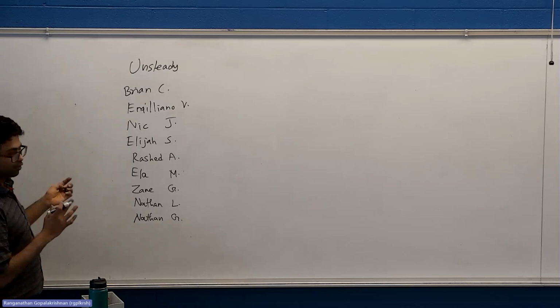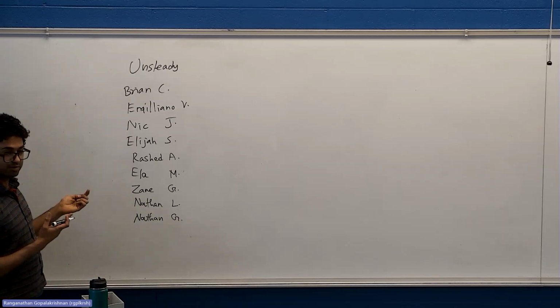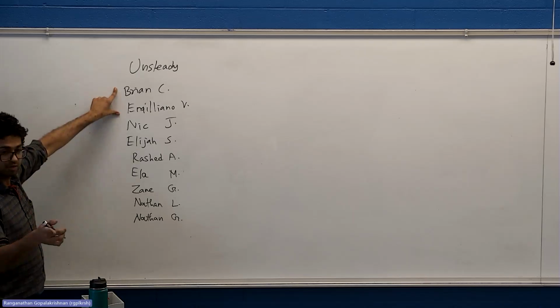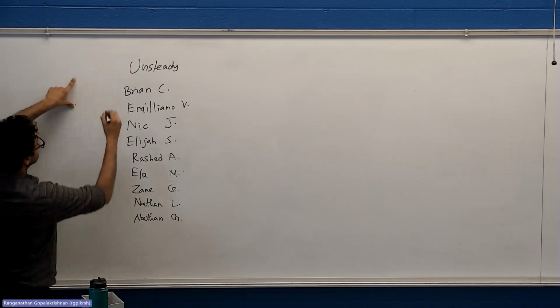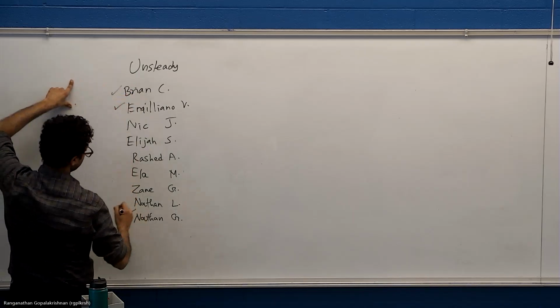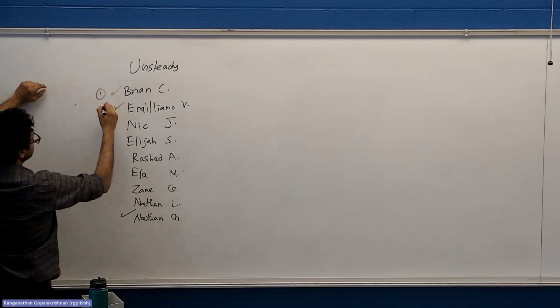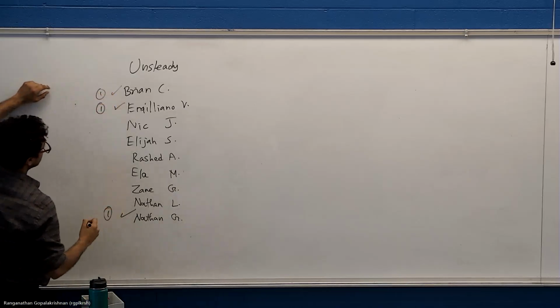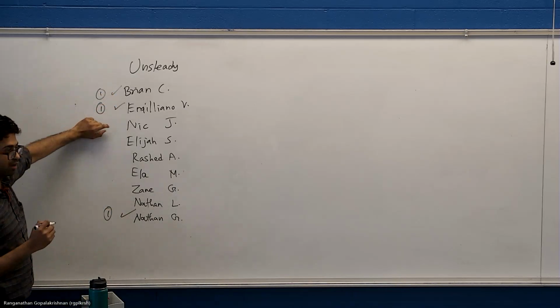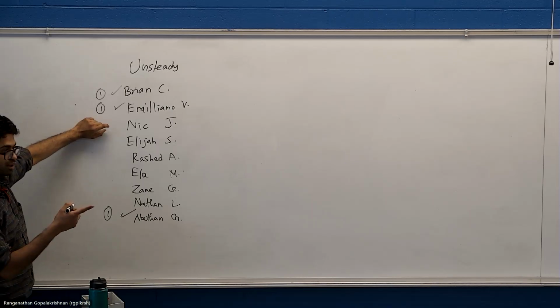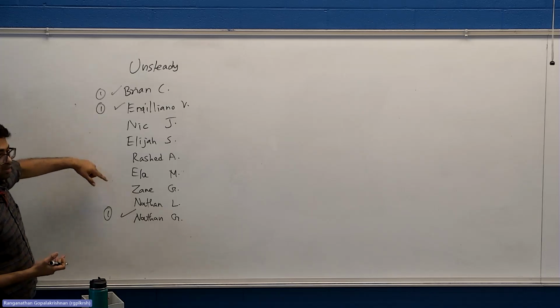Any particular groupings that you guys naturally want to do? Who is your third? Nathan. So this is one group. What's the next group? Come on, who are the next 3 who want to group together?